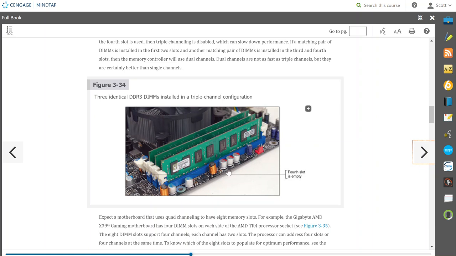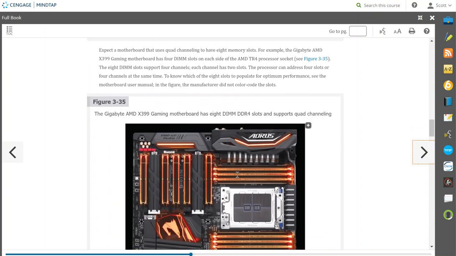You'll match the notch to the little bar that crosses where you're going to slide it in. It's directional, so you will slide it straight down. Make sure it's not tilted in any way. You'll slide it straight down in, and as you slide it straight down in, these little clips at the ends will get drawn in and lock it in place. Okay.